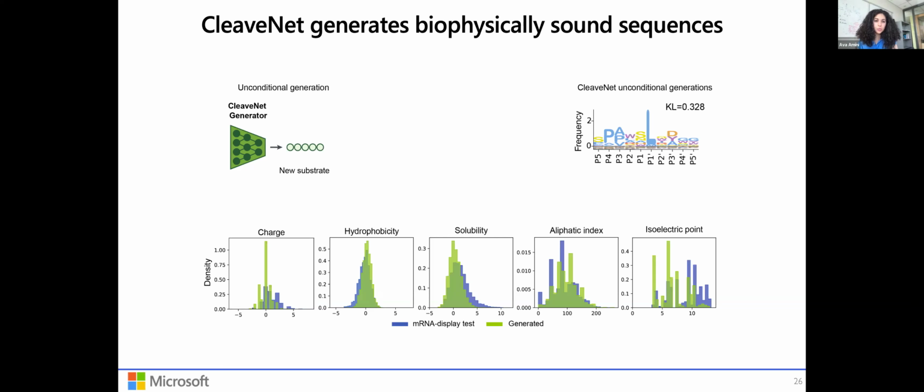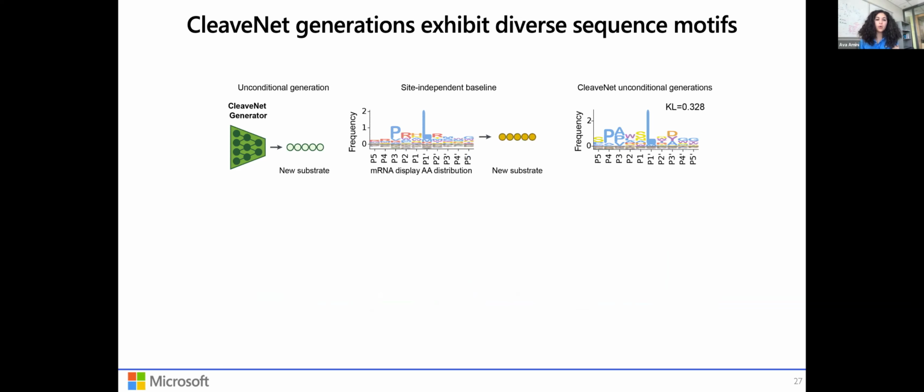And so to assess this, we set up a baseline where we sample from that exact distribution from the mRNA display dataset in a site-independent and position-wise manner. And so you'll see throughout the talk that these baseline generated sequences are denoted in yellow.